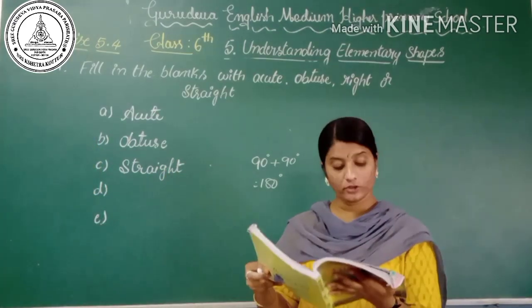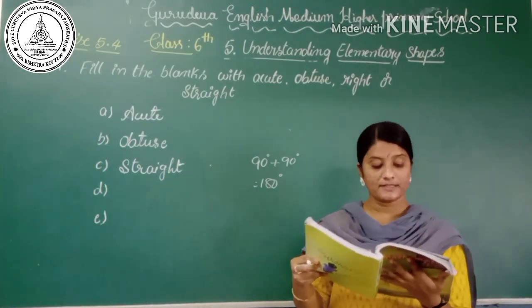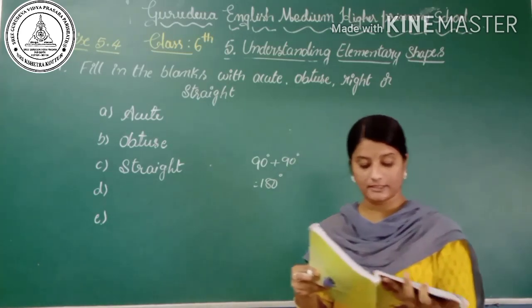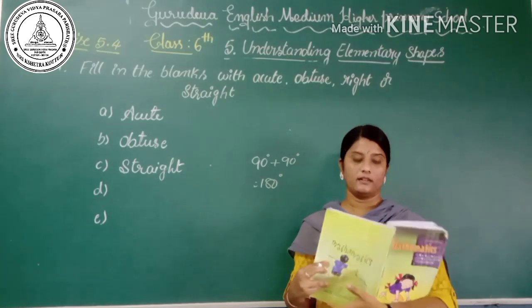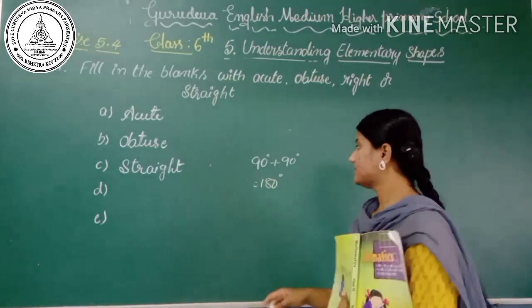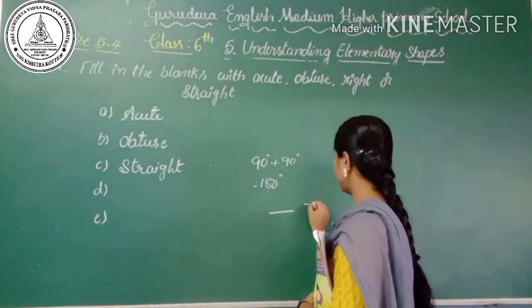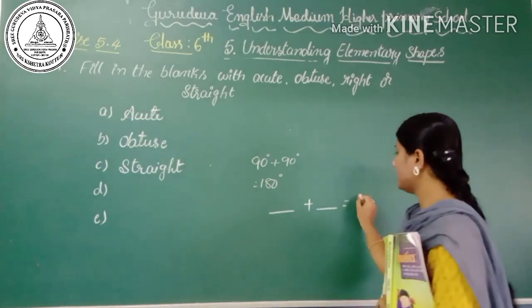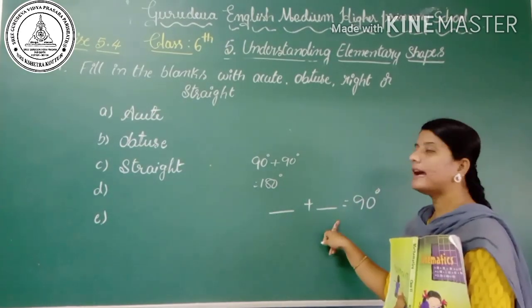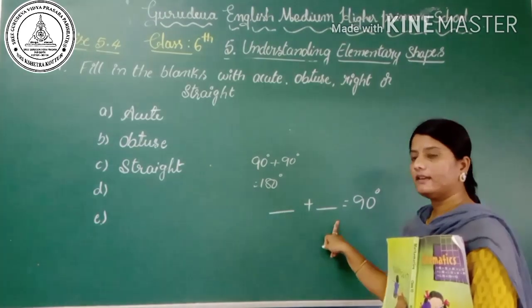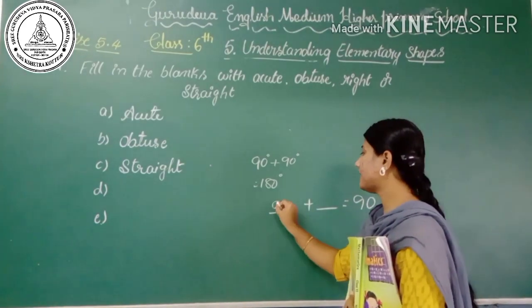Okay. The fourth question is, when the sum of the measures of two angles is that of a right angle, then each of them is dash. You see here, the sum of the two angles is equal to 90 degrees. Then each of the angles is acute.